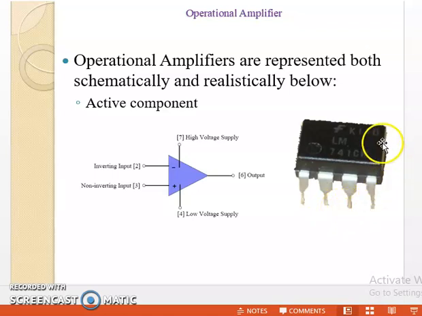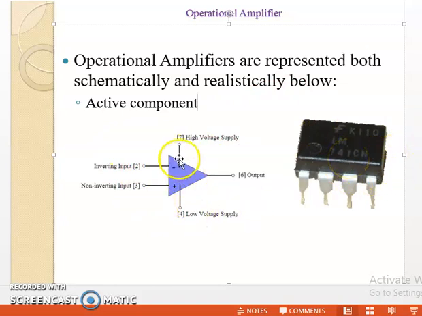Pin number 7 is the high voltage supply, pin number 4 is the low voltage supply, means positive supply and negative supply, and the sixth one is the output.